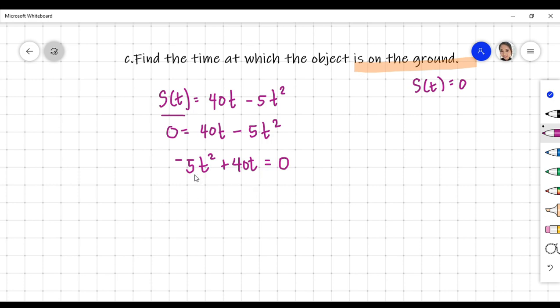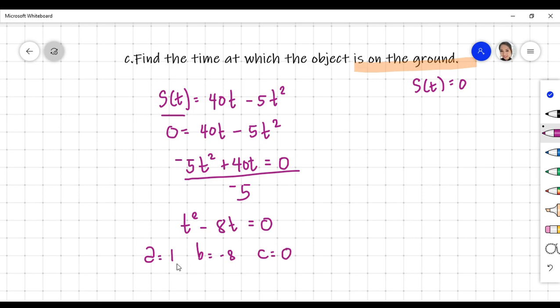So since the terms can be divided by negative 5, we have t squared minus 8t equals 0. So we can solve this by factoring, or we can do Vedic method. So our a is 1, our b is negative 8, and our c is 0.